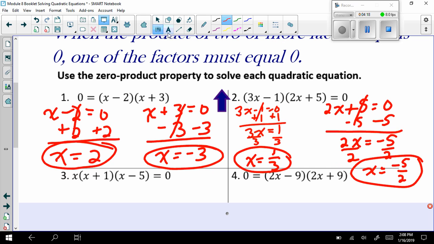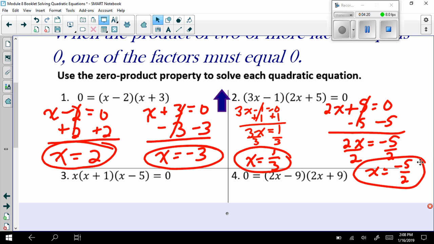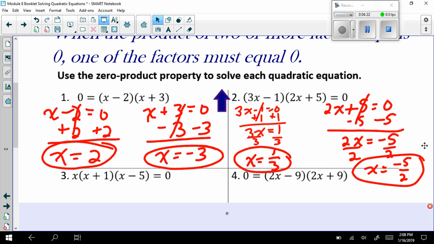As a side note, if I rewrote negative 5/2 as negative 2.5, that's fine. But if you rewrote 1/3 as 0.33, I'm not okay with that one because you have to round. 1/3 is a repeating decimal that goes on forever. So I want it as a fraction. I will not take it as a decimal unless you're told to round.